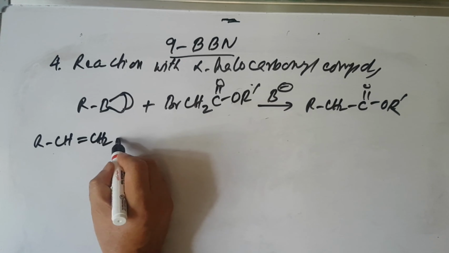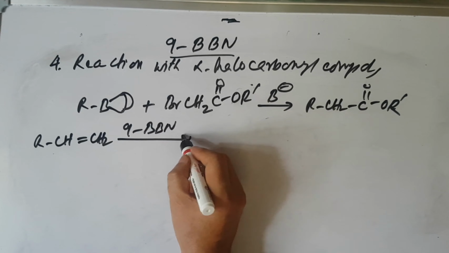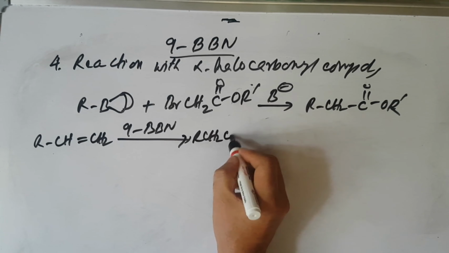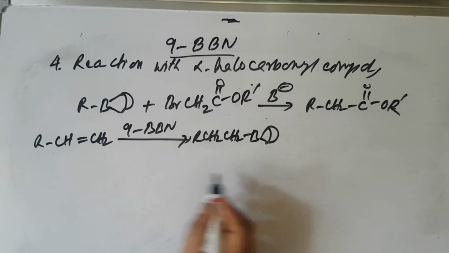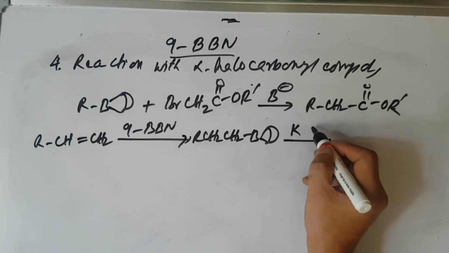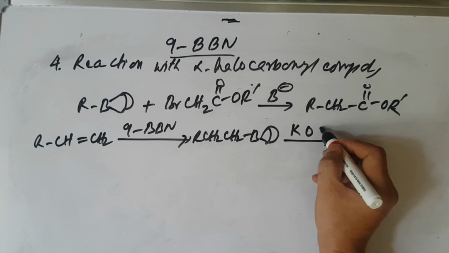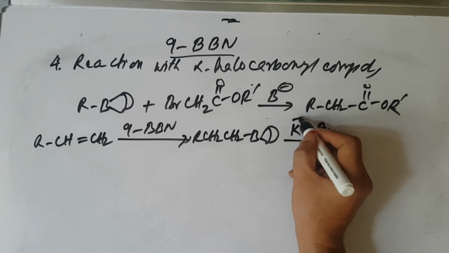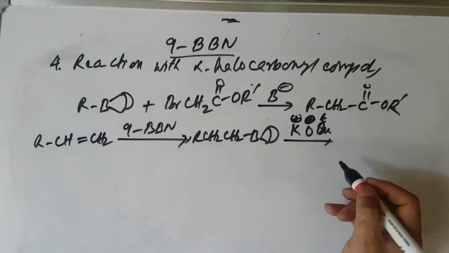Say, the earlier cases. RCH=CH2 reacts with 9BBN. So you got RCH2CH2 boron, okay, like this. Then you react with potassium tertiary butoxide. You can write t-Bu, potassium tertiary butoxide, negative charge, butoxide.